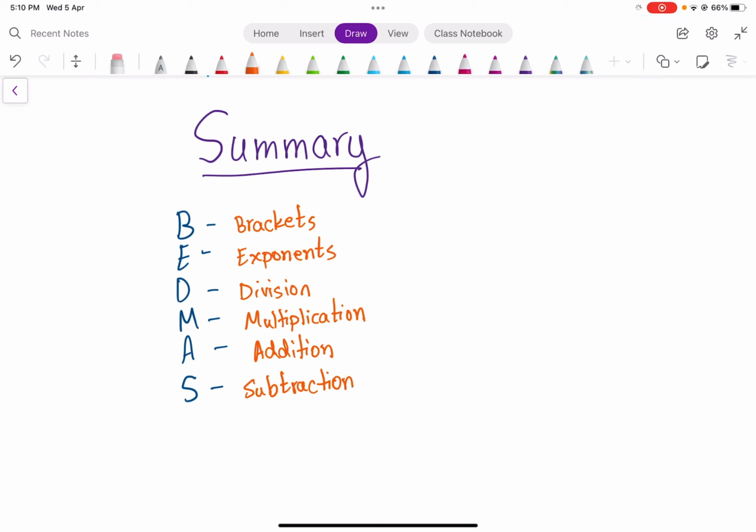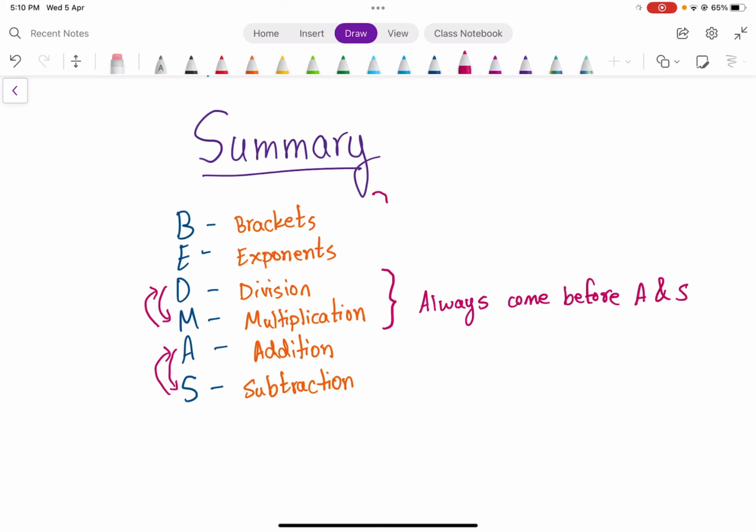We also learned that the division and the multiplication can be interchanged. Same goes for the addition and the subtraction. They can also be interchanged. But no matter what we do, division and multiplication always come before addition and subtraction.